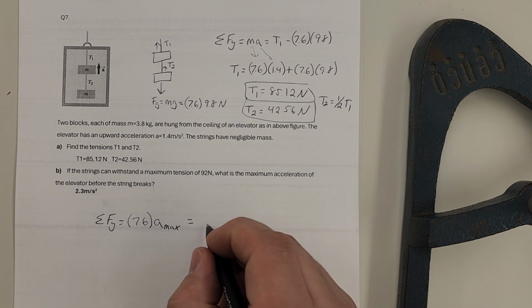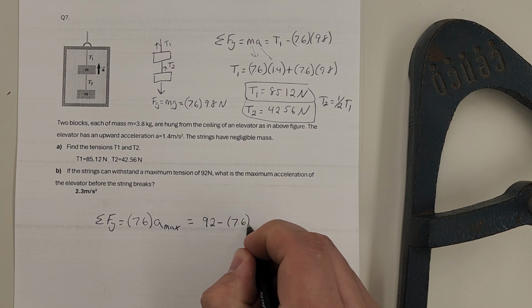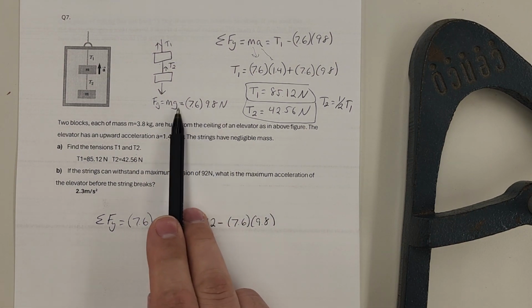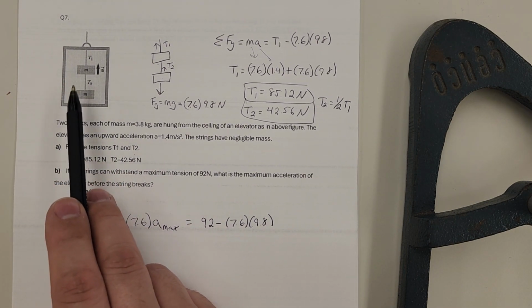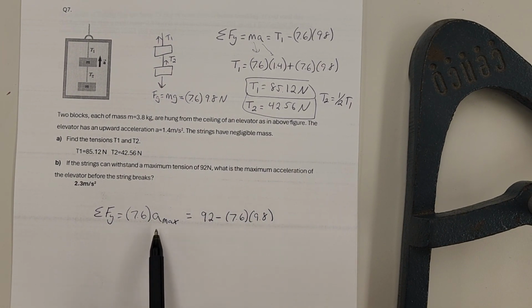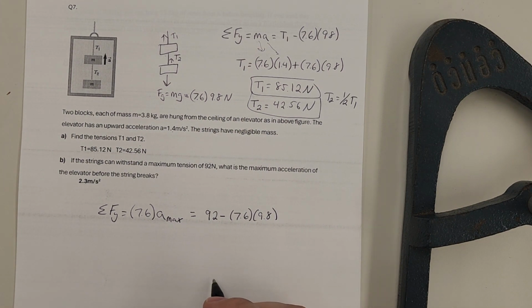So that would be a 92 minus 7.6 times 9.8, because the force of gravity remains the same. No matter what tension you put on them, the blocks have the same force of gravity on them.